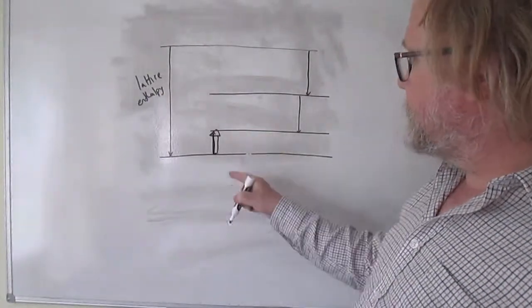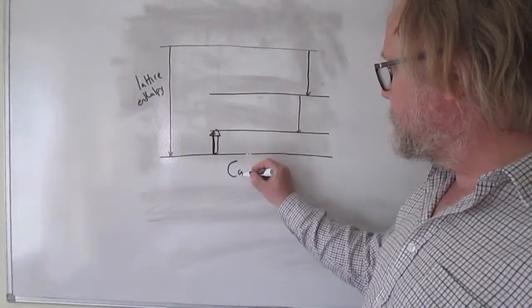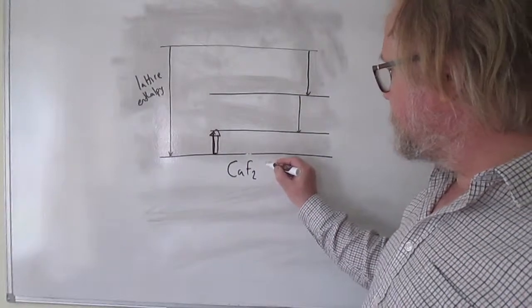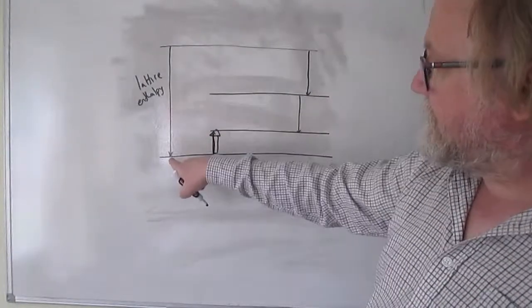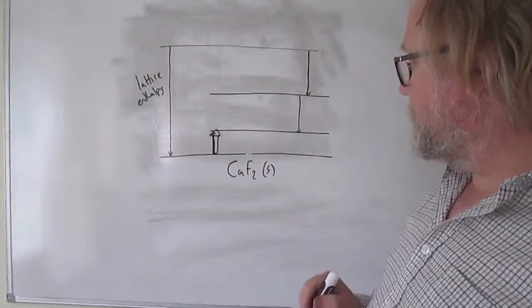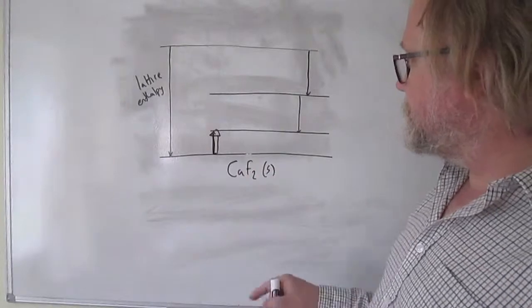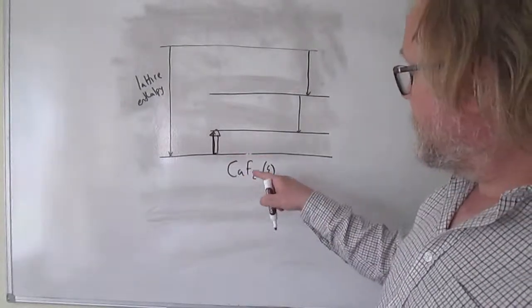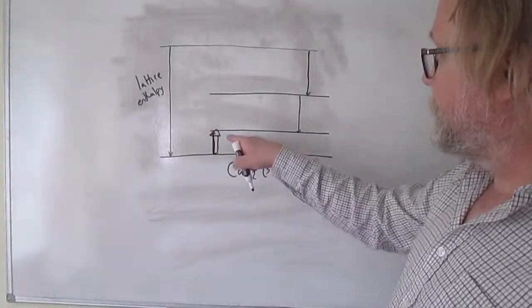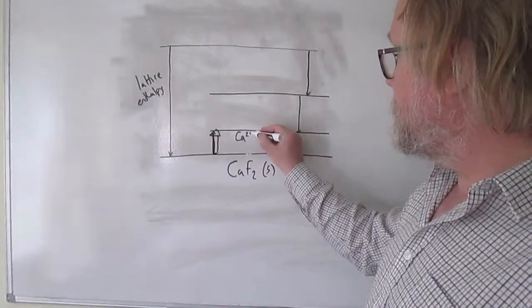Because that's going from the calcium fluoride solid, and we know that's what's down here because that's what lattice enthalpy produces. Remember, it takes the gaseous ions and lets them stick together to form the solid. So we know that's what's at the bottom, and the overall change is that calcium fluoride dissolving in water to give you aqueous calcium ions.